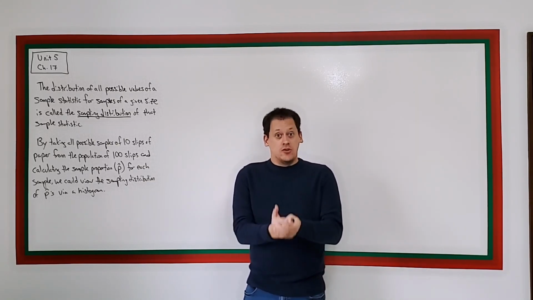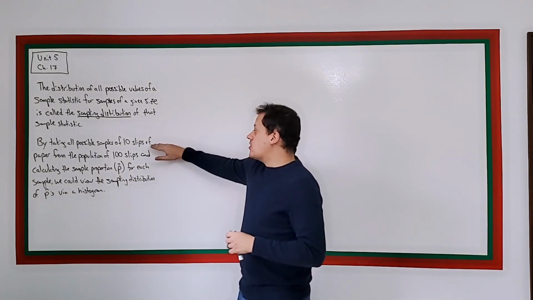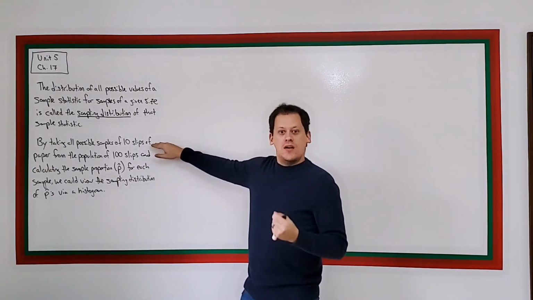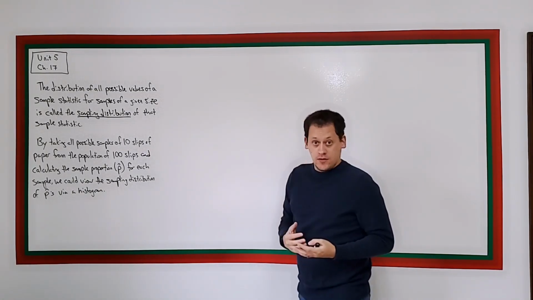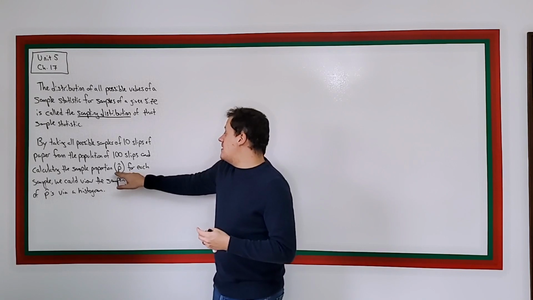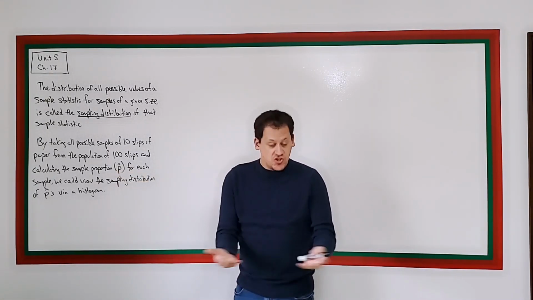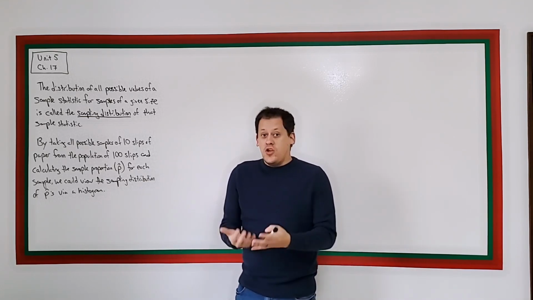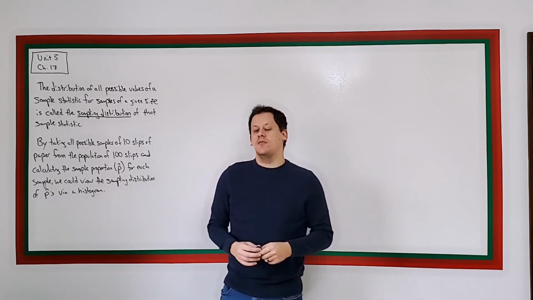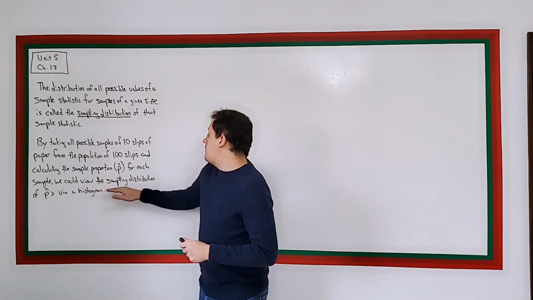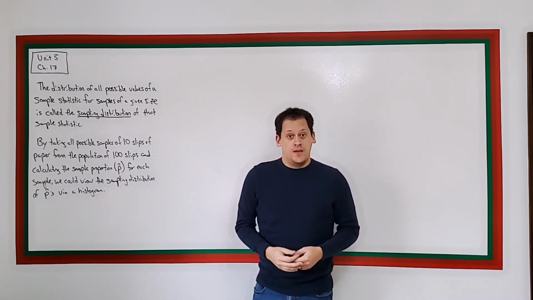So in this particular case, what we just did with the slips of paper from the hat, if we were to take all possible samples of 10 slips from the population of 100 and calculate the sample proportion, or the p-hat, for each of those samples, we'd have a bunch of different p-hats. We could construct a histogram similar to the ones that we saw from the simulation. We can view the sampling distribution of those p-hats with a histogram.